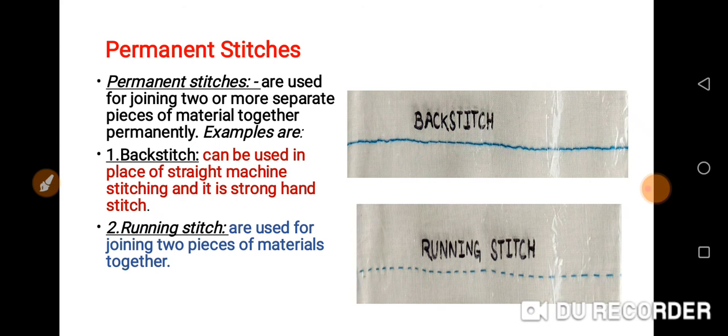Then running stitches are used for joining two pieces of materials together. As you can see on the screen, they are quite different from each other. By the time we start the practical aspect, you will know more about how to make all these stitches.